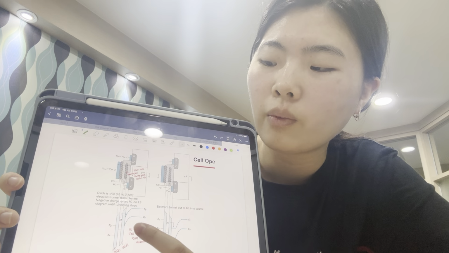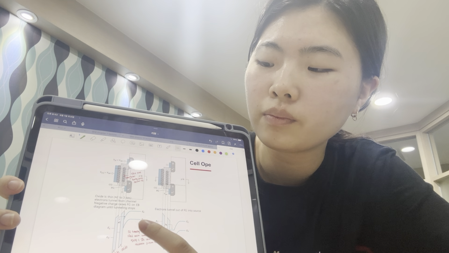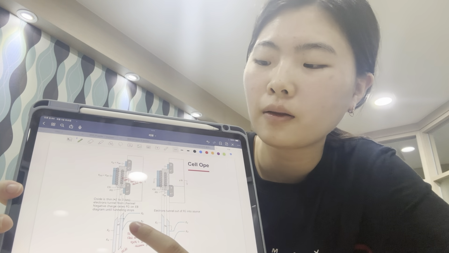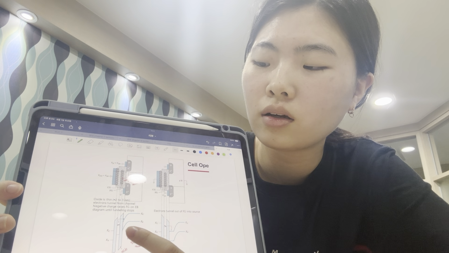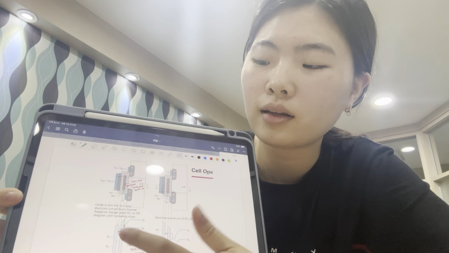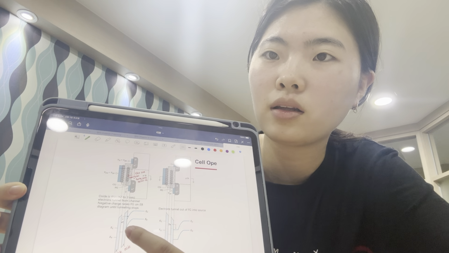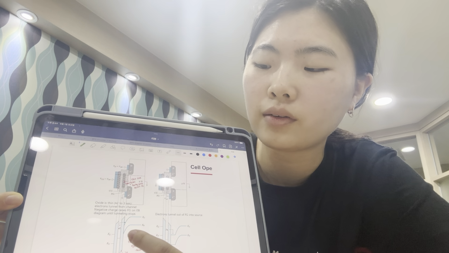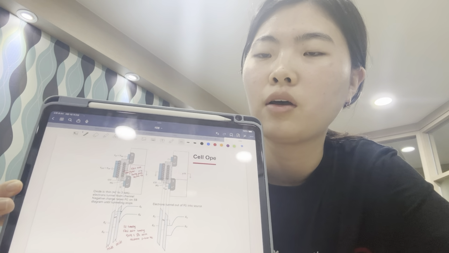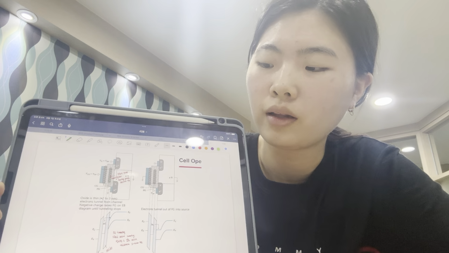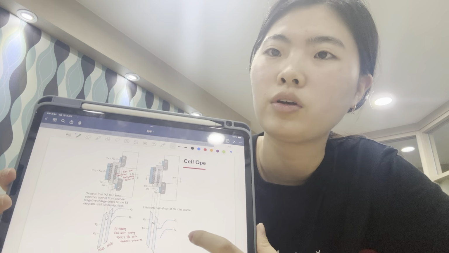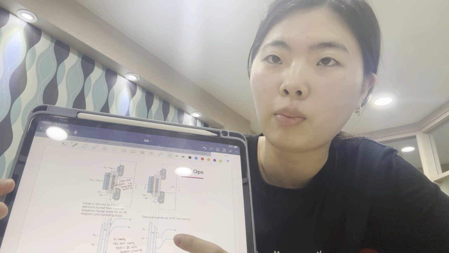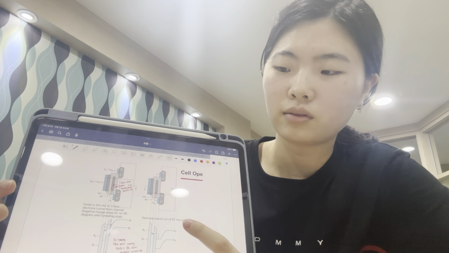When the electron tunnels through the oxide, that electron can be trapped in the oxide, and this means Fowler-Nordheim tunneling.